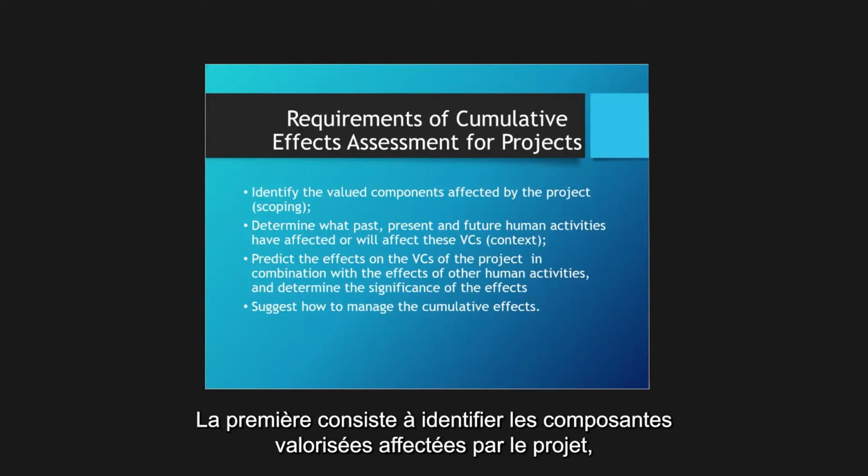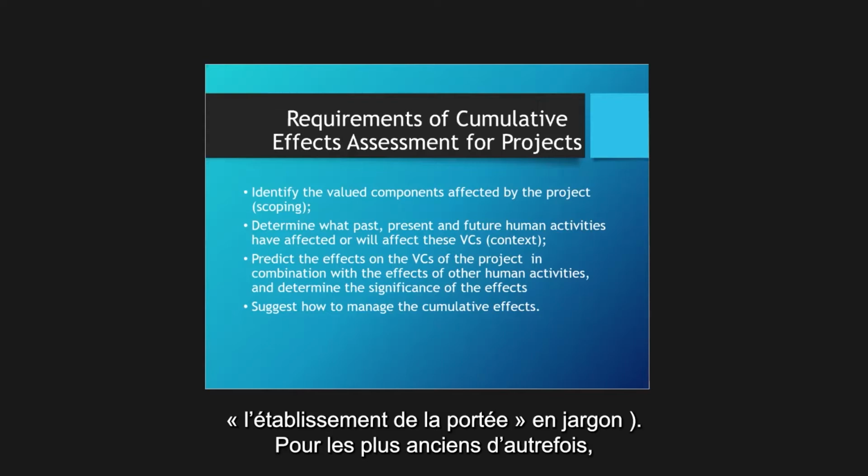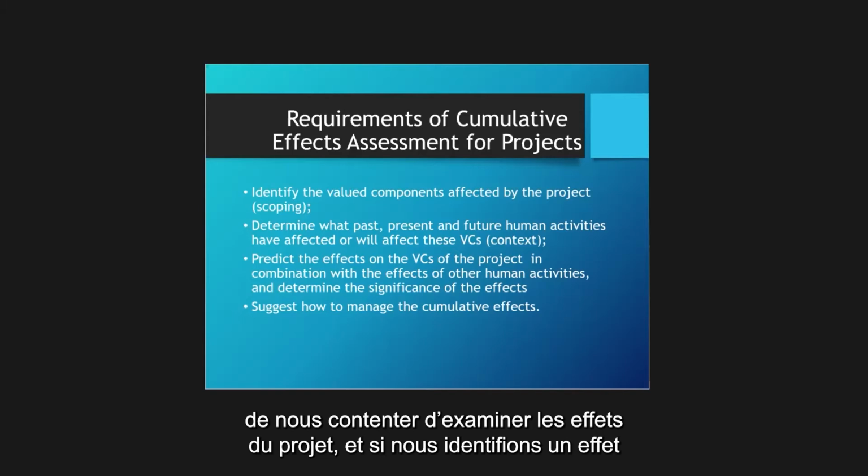The first one is to identify the valued components affected by the project, what we've always done in the past. We call that scoping in the jargon. In the olden days, because I've been around for a long time, we used to just look at the project effects.